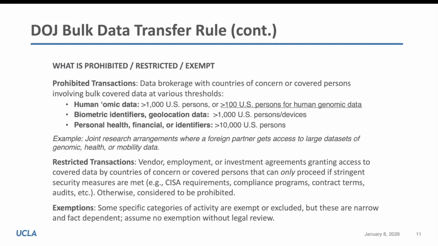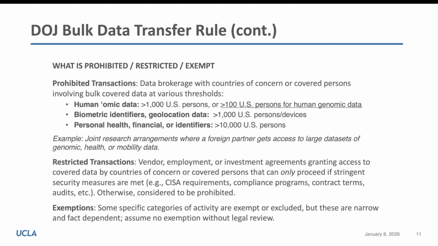There are sections of the rule that talk about prohibited transactions, restricted transactions, and then some exempted transactions. The important takeaway here is that we should not make an assumption that what we're doing falls under the kind of more lax categories, which would be restricted and exempted transactions.